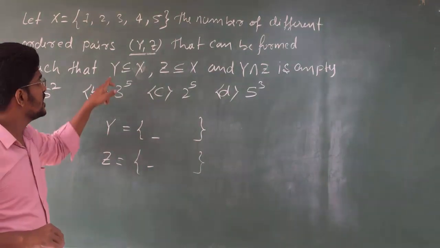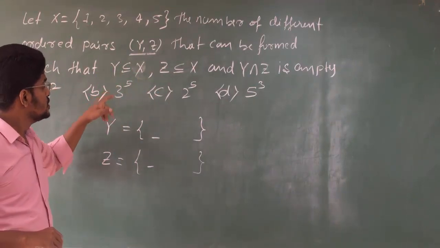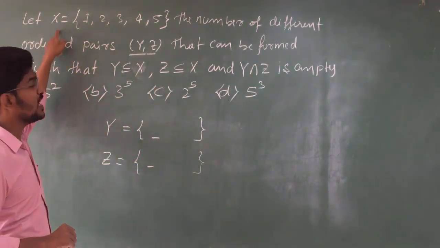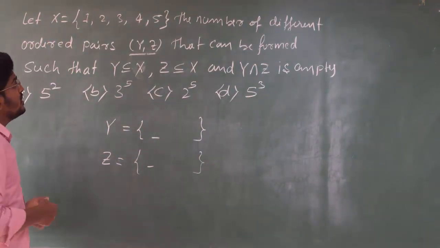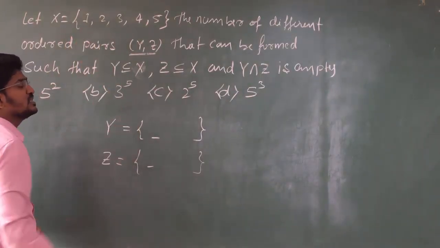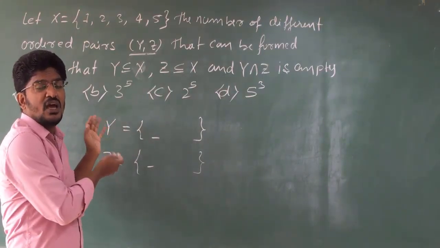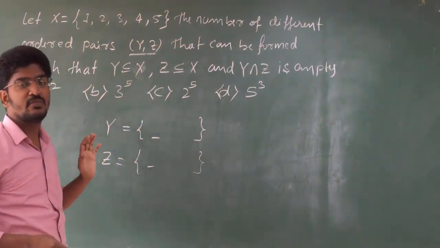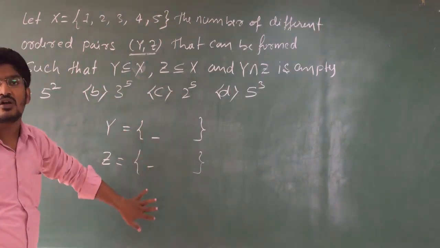Because the condition is that Y and Z should be subsets of X. So an element from X can be in Y, one choice. An element of X can be in Z, that is the second choice. And there is another choice also: this element may not be in both the sets. That means it may not be in Y, and it also may not be in Z.